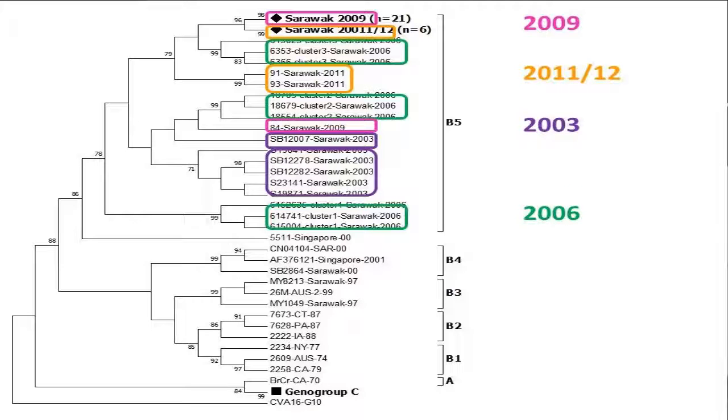Now, if you look here, the one in purple, this was the 2003. So there was a predominant cluster of B5s in 2003, but because we did quite a fair bit of sequencing, we saw what we determined then as outbreak variants of the B5 that didn't cluster with the dominant group at that point. But looking at subsequent outbreaks, 2006 was a very special year. We had 3 separate genetic clusters of B5, or we call them lineages.